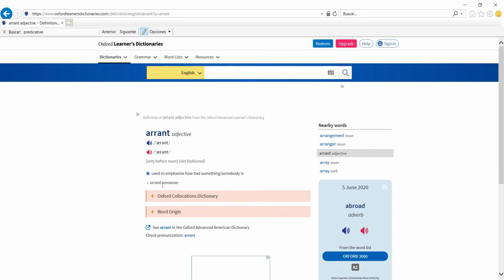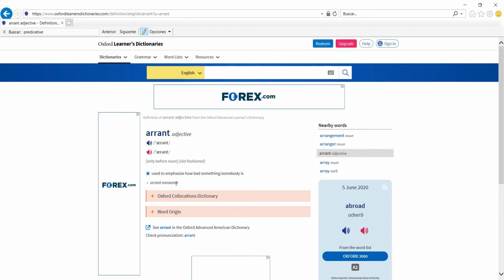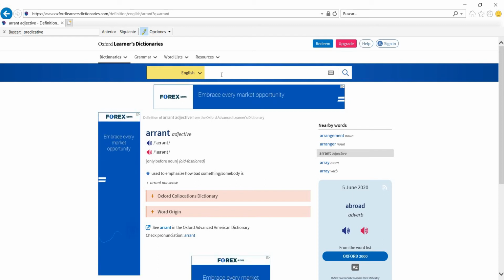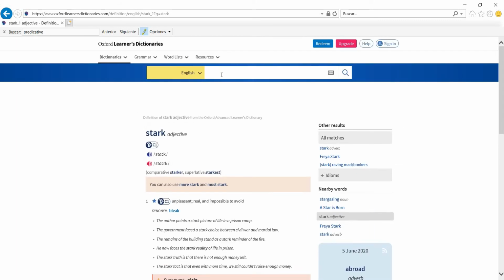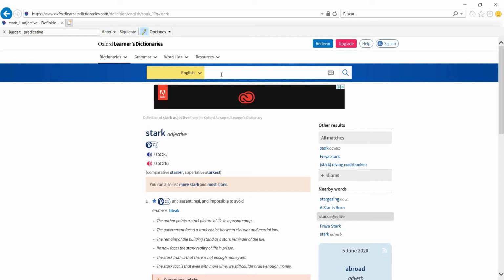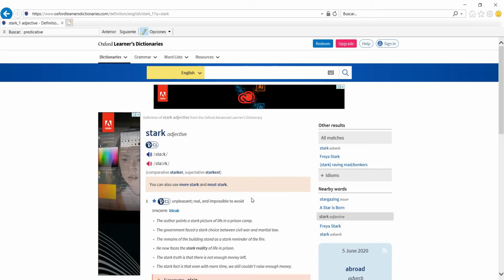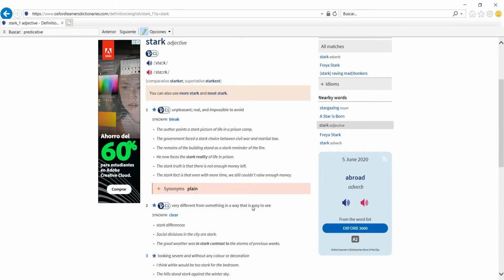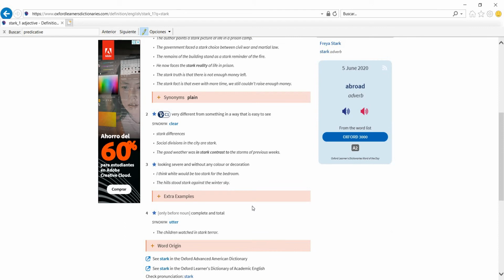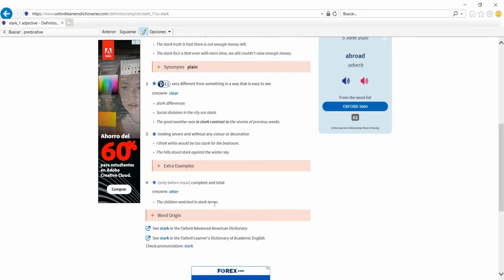This is the central collocation, right? Arrant nonsense. And we also have stark naked, right? Stark, as in stark naked, completely naked. So all of these mean absolute, entirely, totally, purely, completely, right? Okay, so we have the stark reality and as incomplete and total in stark terror, right?